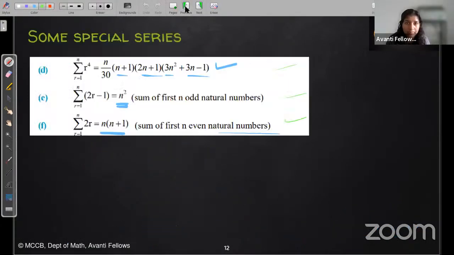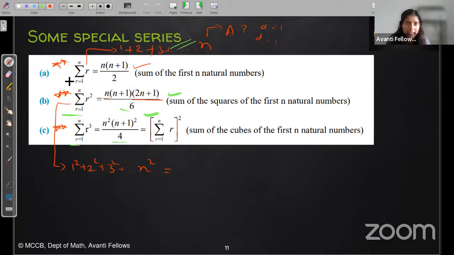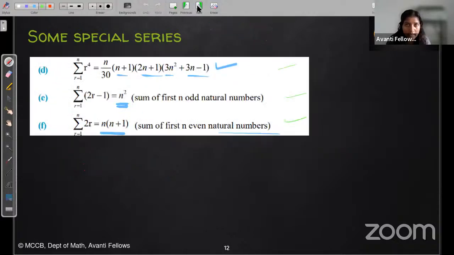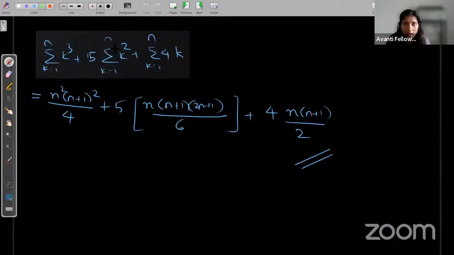In the previous slide, I used k there, that's all. Sum of first n natural numbers is this, sum of squares of first n natural numbers is this, and cubes of first n natural numbers is this. Those three things only I have used here.